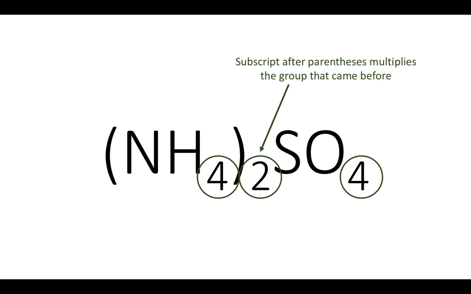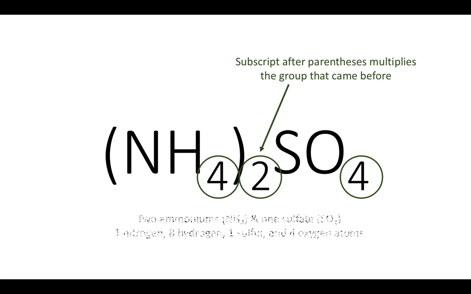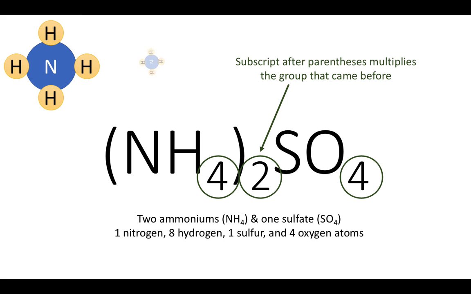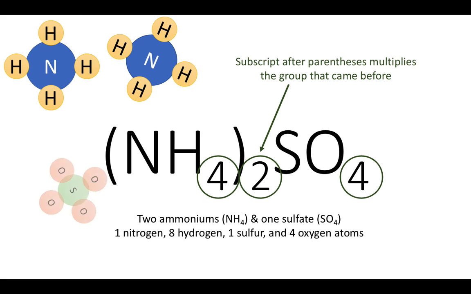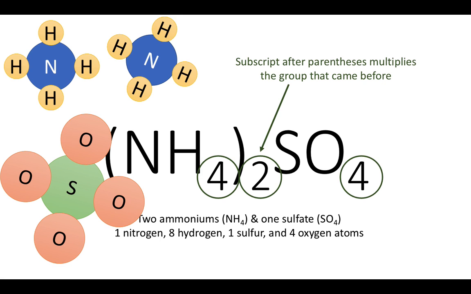The subscript after the parentheses multiplies the group that came before, not just one atom. So this looks like 2 ammoniums and 1 sulfate. That's the SO4. So in total, we have, oops, that's a mistake. It should be 2 nitrogen, 8 hydrogen, 1 sulfur, and 4 oxygen atoms.